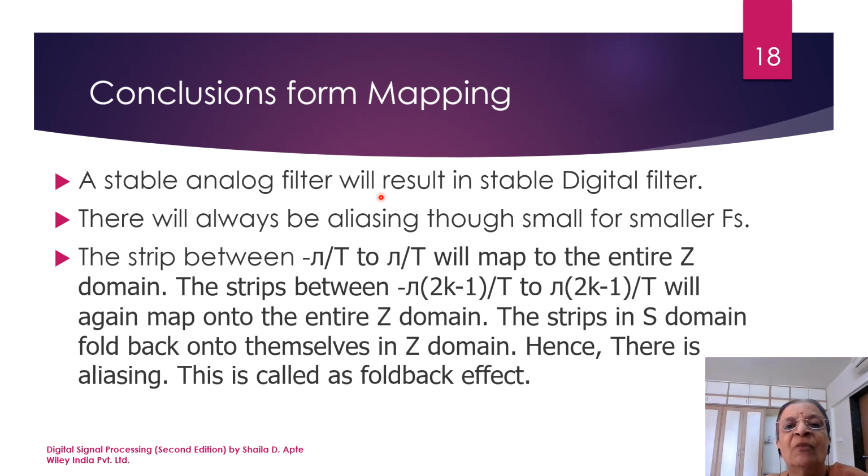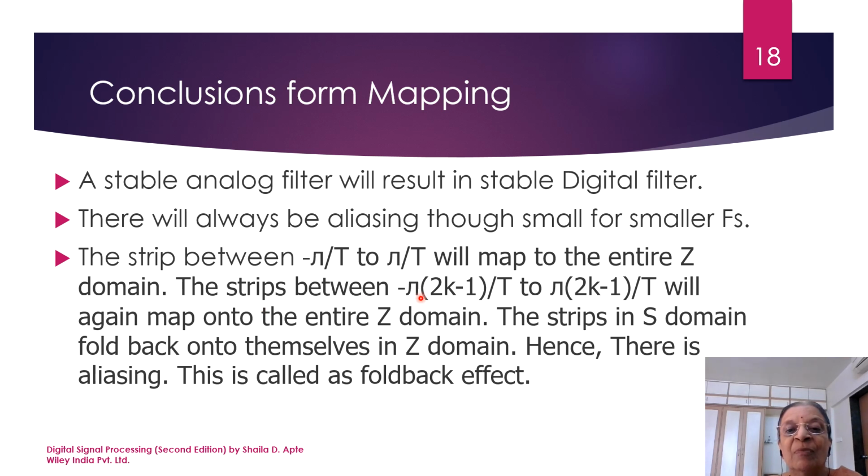So a stable analog filter will result in a stable digital filter, because if the filter is stable, all poles are on the left-hand side of the imaginary axis, and it will map onto the area inside the unit circle. So the filter will be stable. But there will always be aliasing, though small for smaller fs. The strip between minus pi by t to plus pi by t will map to the entire z domain.